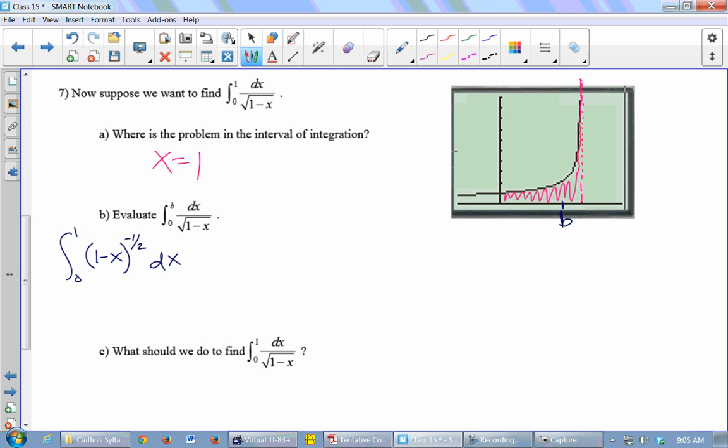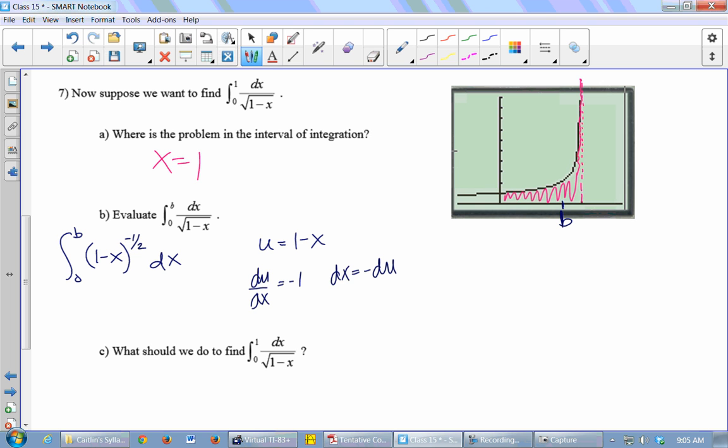U sub. Yep. What would you use as u? 1 minus x. It's a good choice of u, because it's an inside of a composition. Its derivative is just a -1, so we're not going to introduce any new x's. So that should work. So du dx is just -1, which means dx is negative du.